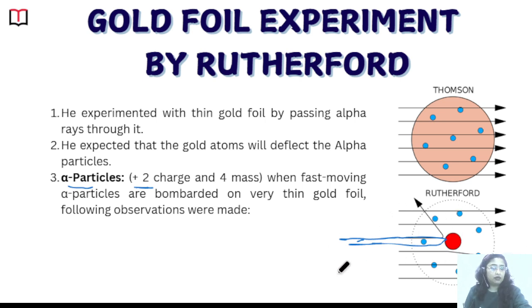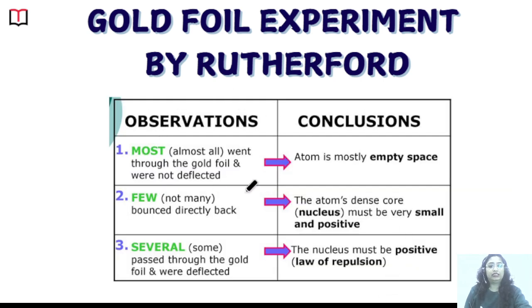That's why they are bouncing back. Don't you think so? Rutherford also thought the same thing. So what was the observation? He said that most of the alpha particles went through the gold foil with no deflection. This shows that most of the atom is empty space.